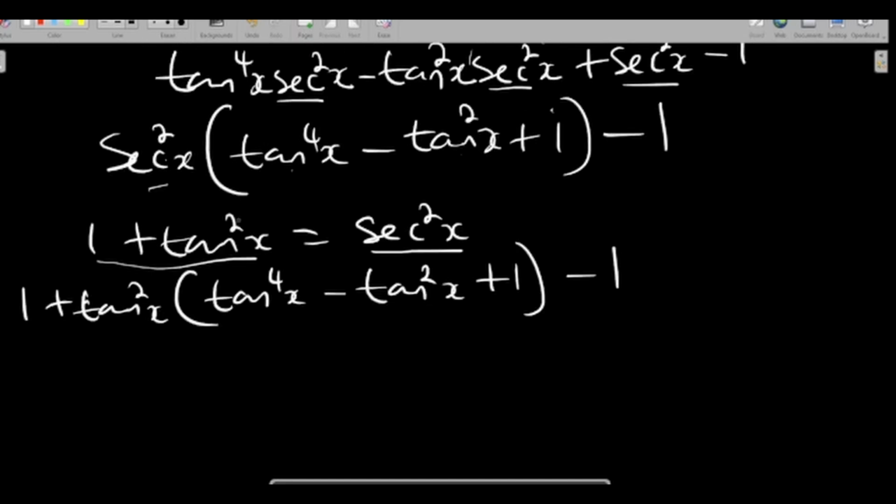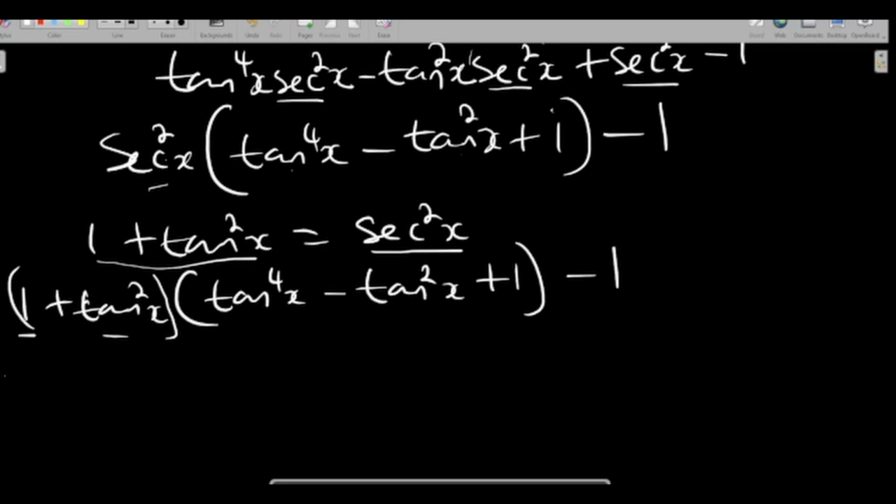All right, let's continue with this. So this is going to multiply the entire bracket. Remember that the secant squared was factored out from the original expression, which was this. So let's now multiply. This 1 will multiply everything here, and the tan squared x will also multiply everything in the same bracket. So let's quickly do that.